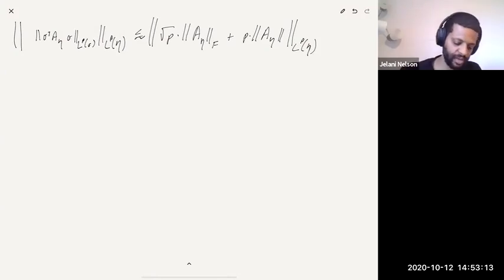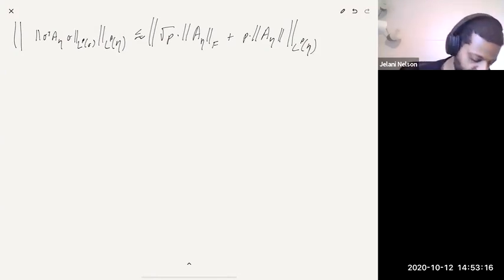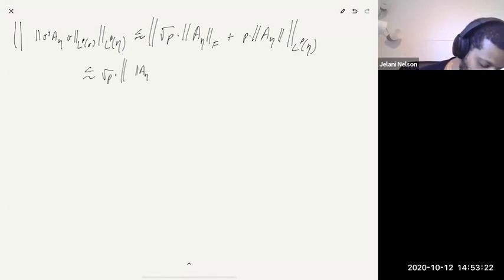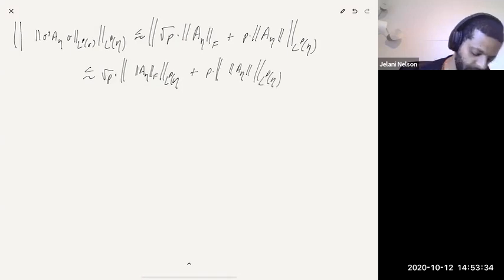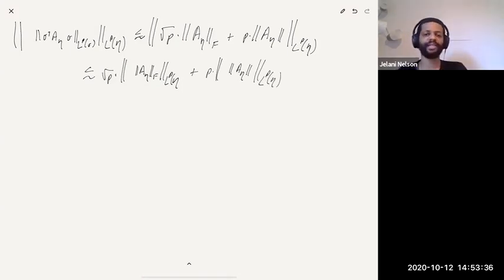By the triangle inequality, this is at most root P times the Frobenius norm of A eta in L_P over eta, plus P times the operator norm. So let's first do the operator norm, because I think that's a little bit easier.